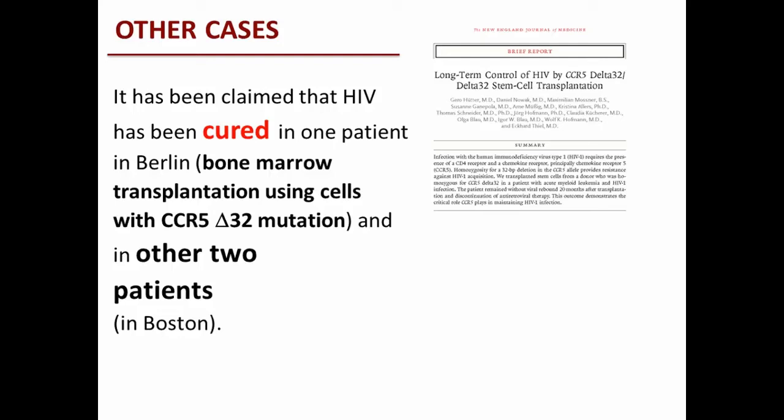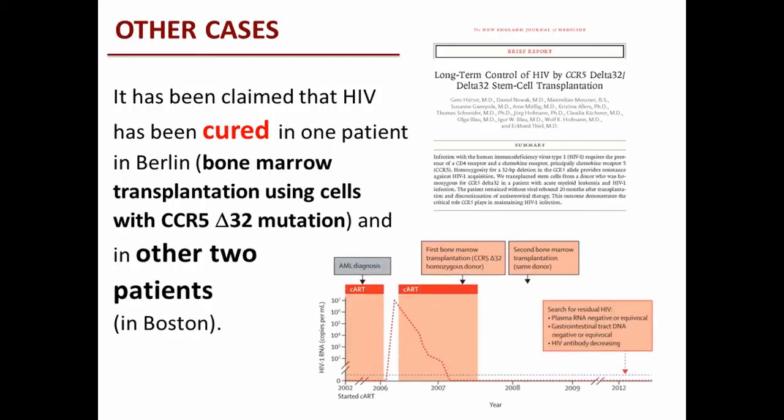Unfortunately, there had to be something more than that in this patient, because the same treatment has been tested in other patients with HIV infection and leukemia. For example, there are two cases in Boston of two patients who received the same treatment. That means they received transplantation of cells with the delta-32 mutation.